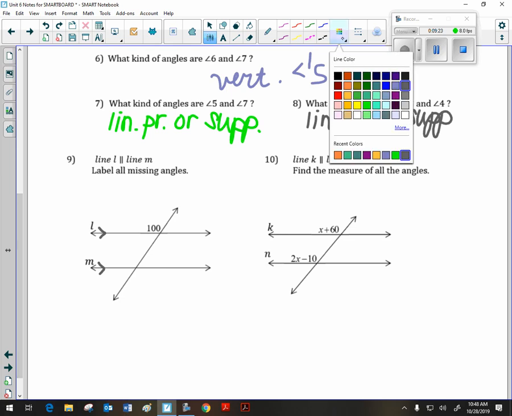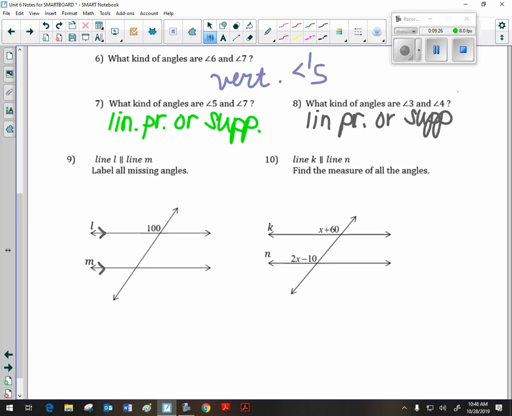When this scenario happens, all the angles in this picture are either equal to this 100-degree angle, like its vertical angle, its corresponding angle, and its alternate exterior angle, or they are the supplement to that 100, which is 80, such as the vertical angle to that 80, and the alternate interior to that 80.